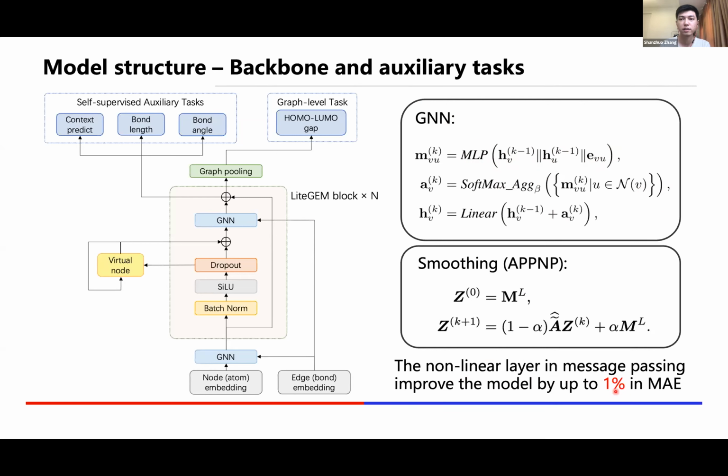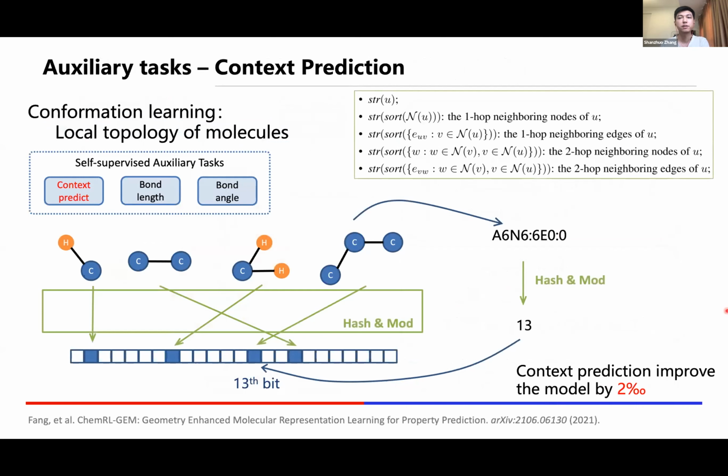And the second thing to say is we designed 3 auxiliary tasks. The first auxiliary task is the context prediction. With this task, we expect our model to learn the local topology of molecules. This task is very similar to what Weihua Hu has proposed in his pre-training GNN paper, but our implementation is a little bit different and simpler.